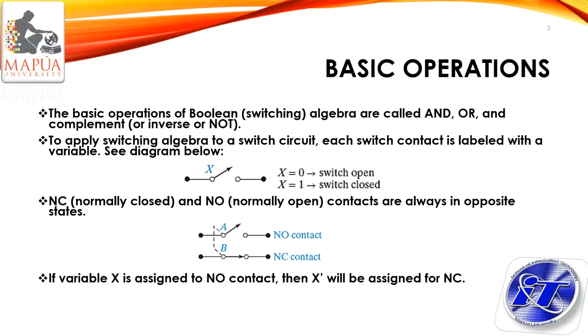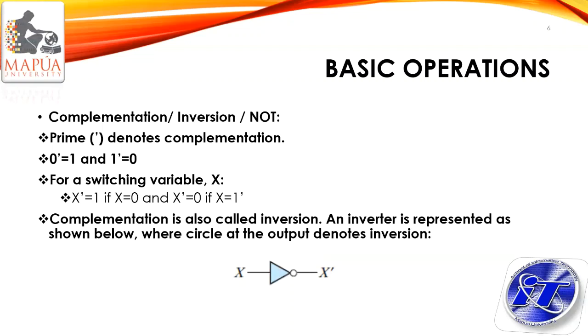Let's discuss the first operation, which is NOT: complement, inversion, NOT. We usually use a prime to denote complement. We write the prime after the variable, after the value. For example, 0 prime means 1, and 1 prime means 0. So it inverts the value from 0 to 1 or 1 to 0.